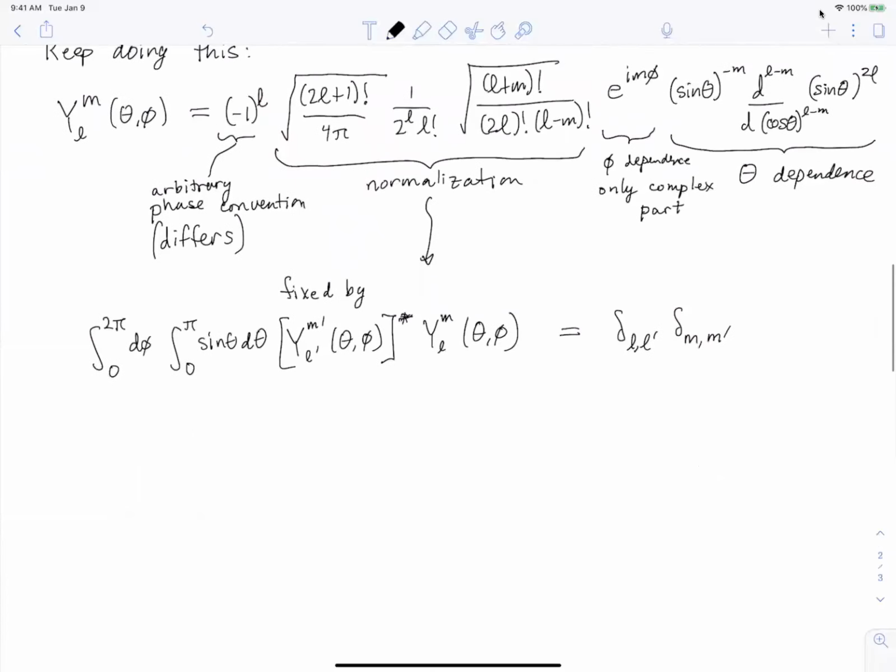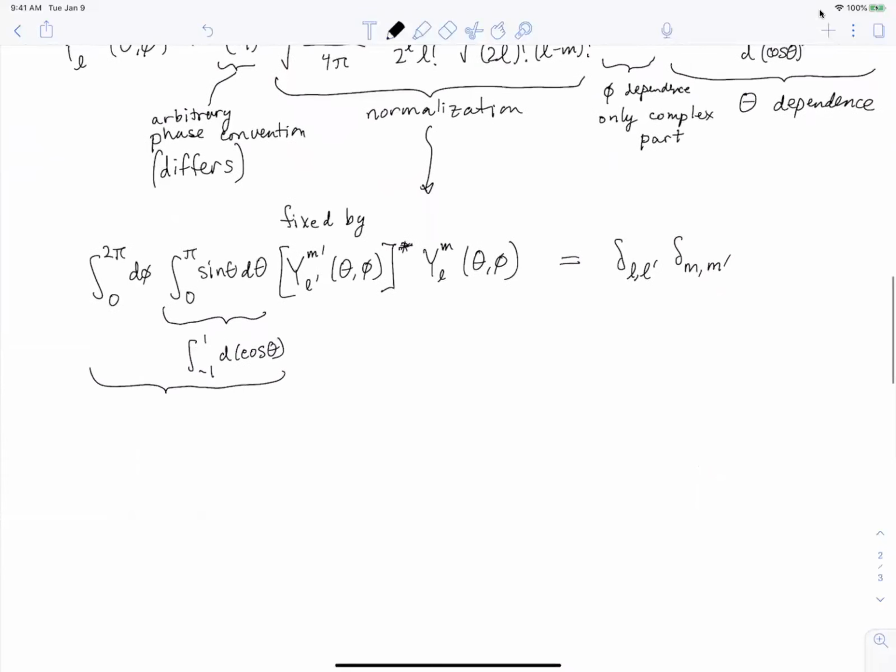Okay, the reason for this is, let's look at this factor. First of all, this we can rewrite. It's often convenient to rewrite this as the integral from minus 1 to 1 of d cosine theta. And as just a nice way of writing it, because these integrals appear very often in different situations, this is often written as just d omega.